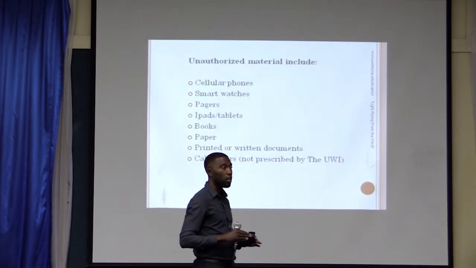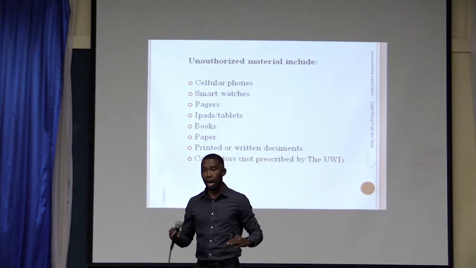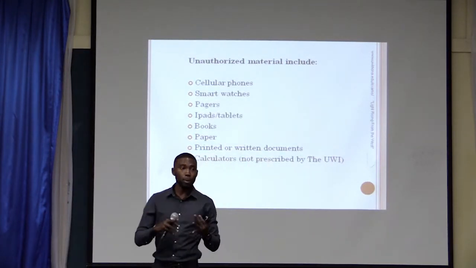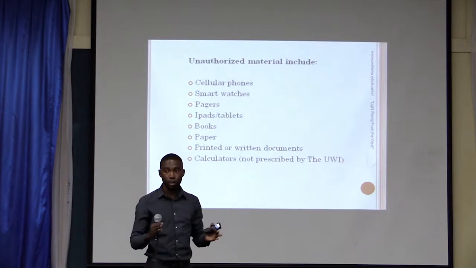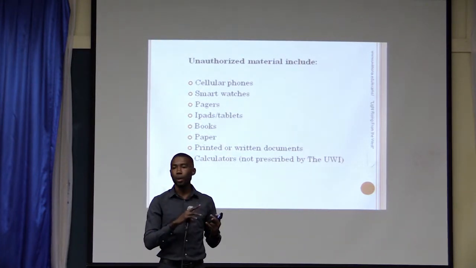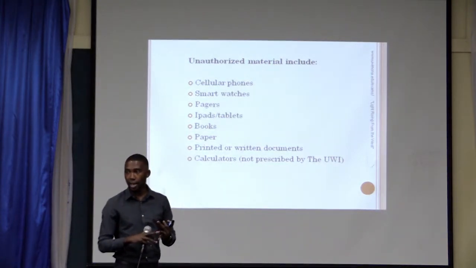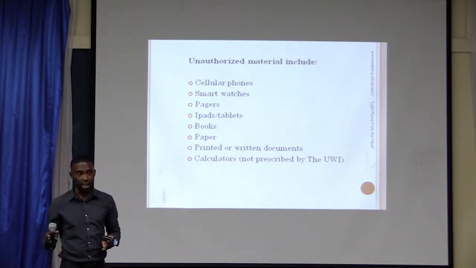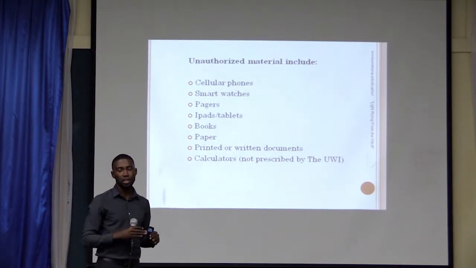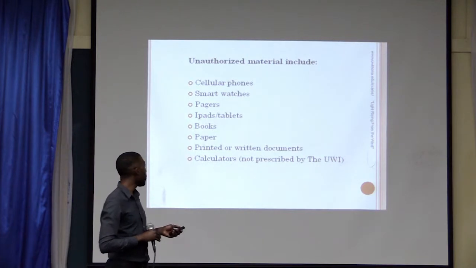The only things that you should have on your person coming into the examination hall are your pencils, your pen, preferably in a clear sealed pencil case, and if required, a calculator. We do offer calculators to candidates, but we don't have a lot of calculators, so you can bring your own.